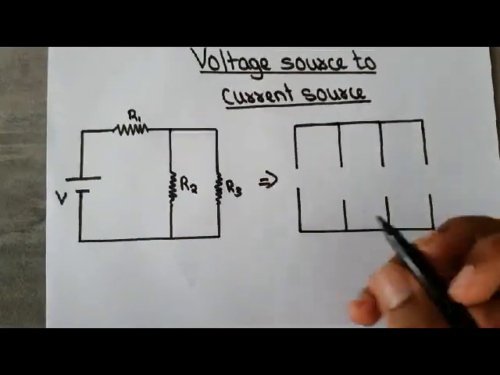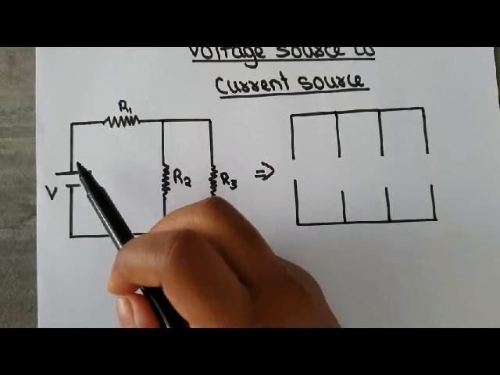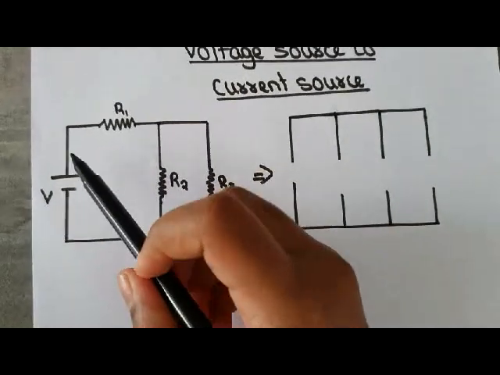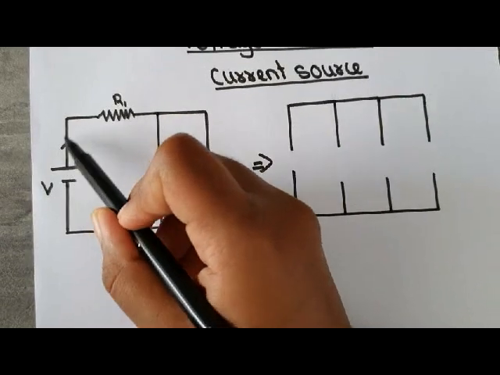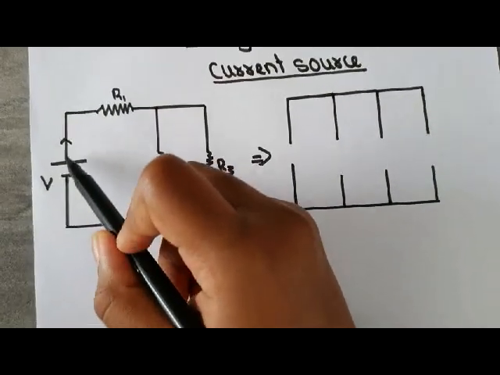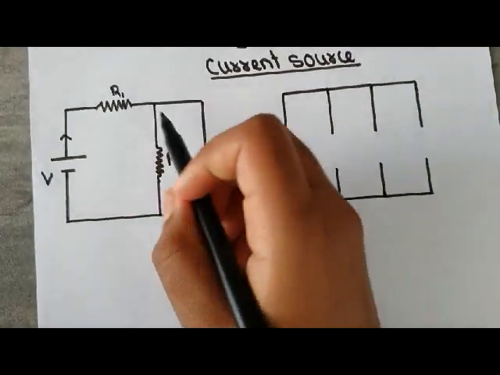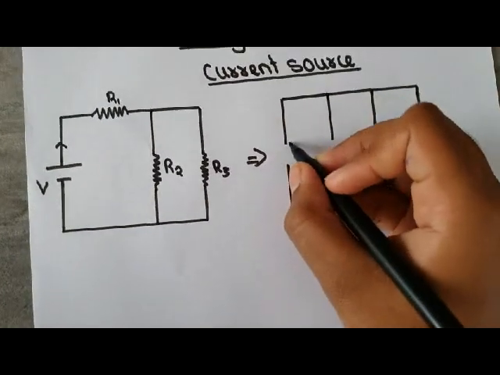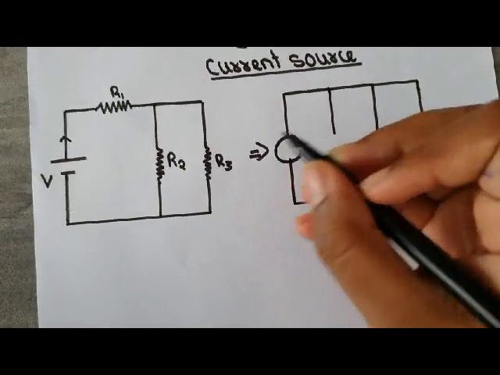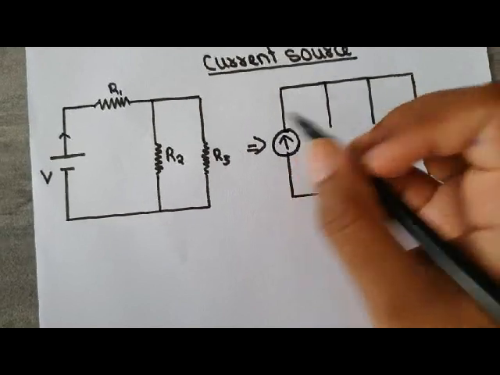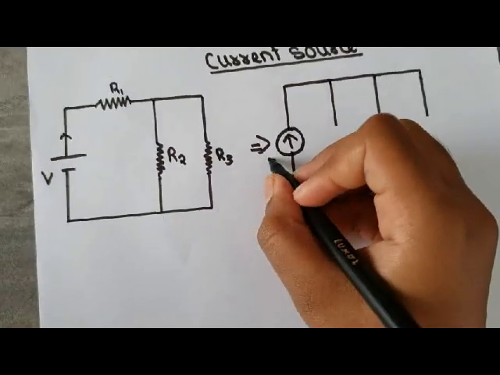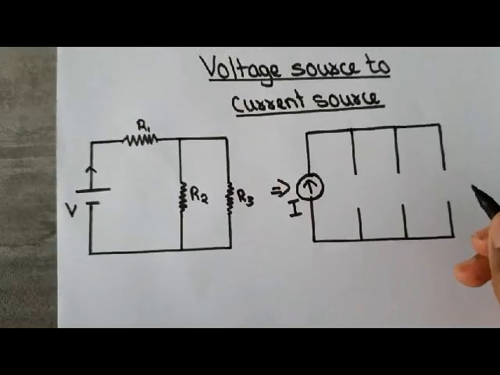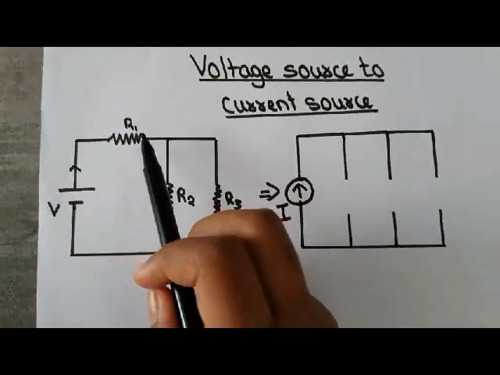Let's begin. Here you can see that in the voltage source, according to conventional current, the flow of current will be in this direction, from positive to negative. So here is the positive of the voltage source. Let's draw a current source, and the direction of current will be upwards as it is here, and mark it I. Next is R1.